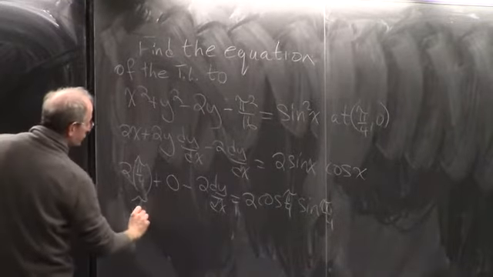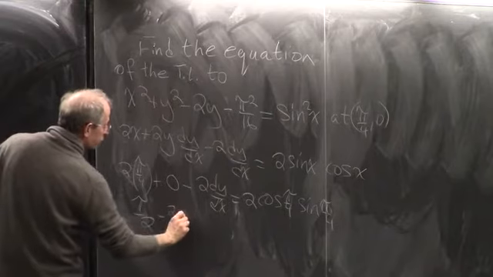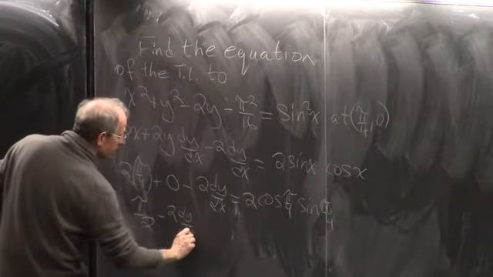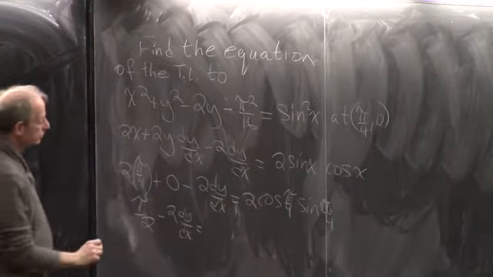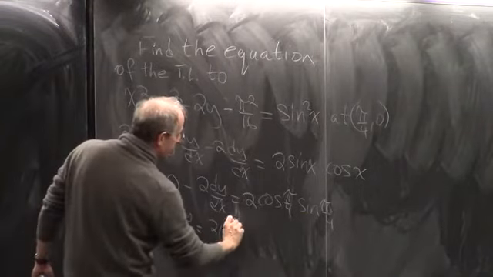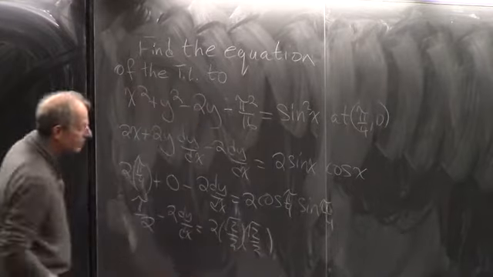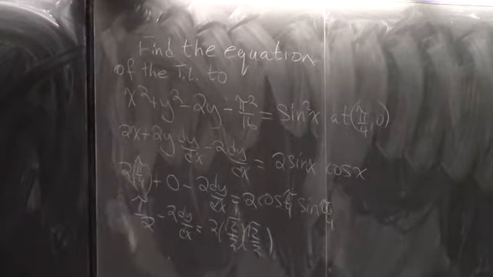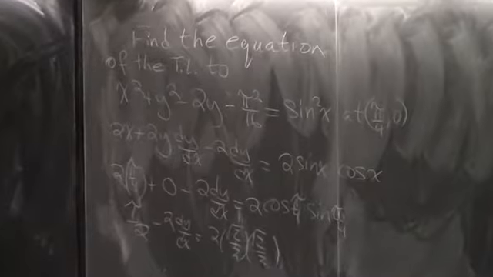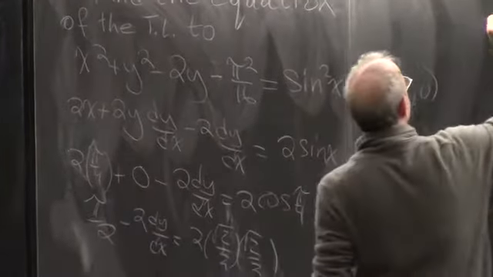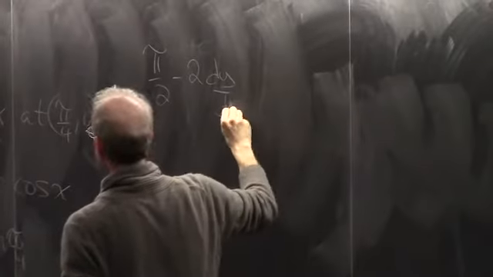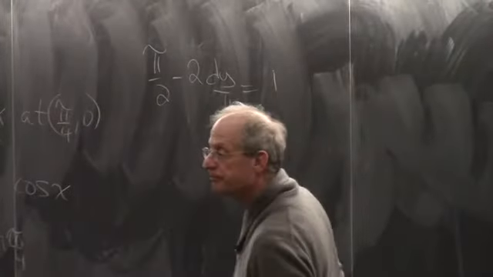So this is pi over 2 minus 2 dy dx equals 2 times radical 2 over 2 times radical 2 over 2. So you get pi over 2 minus 2 dy dx equals 1.